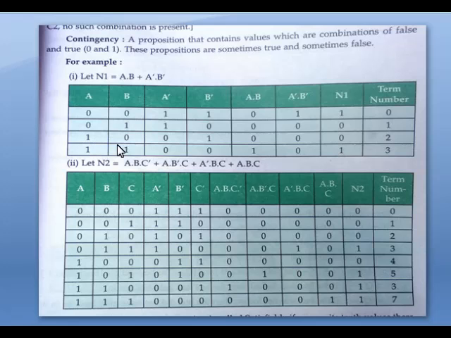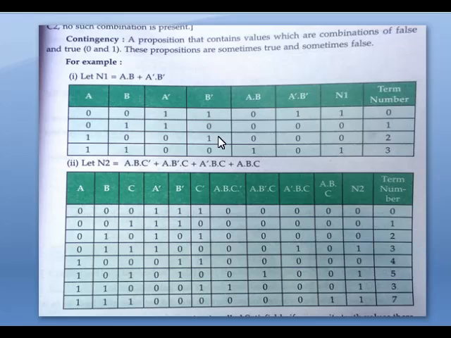A dash means just the opposite of a: 1, 1, 0, 0. B dash means just the opposite of b: 1, 0, 1, 0.